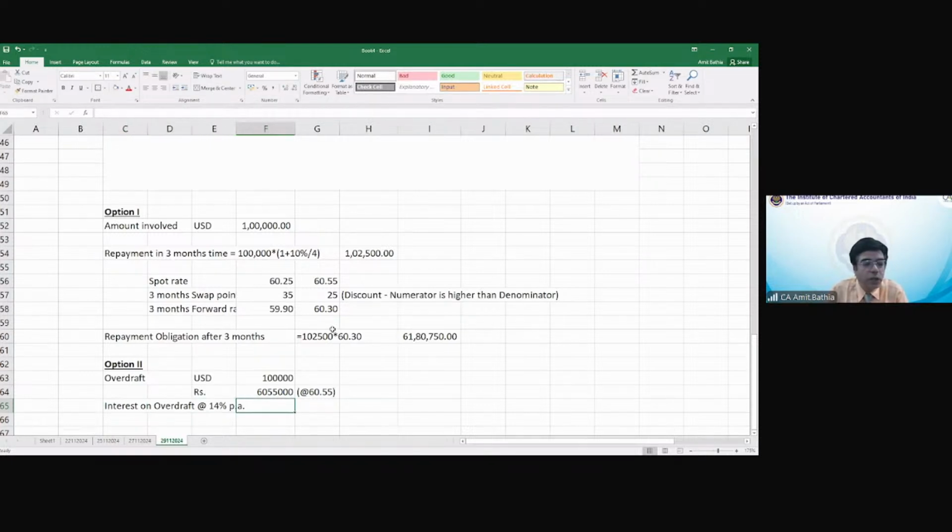So we need to be careful that it is a 3-month period. So my interest is going to be 60,55,000 into 14% divided by 4. Am I right? So it comes to 211,925.